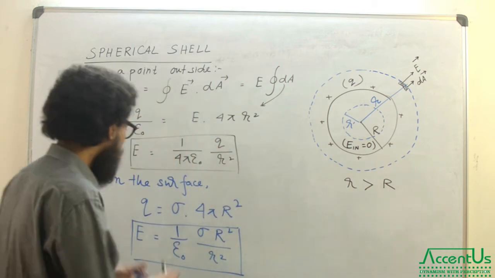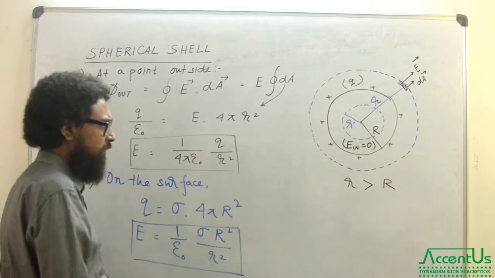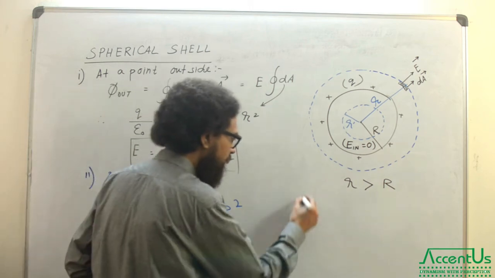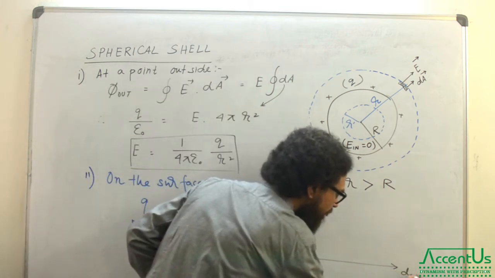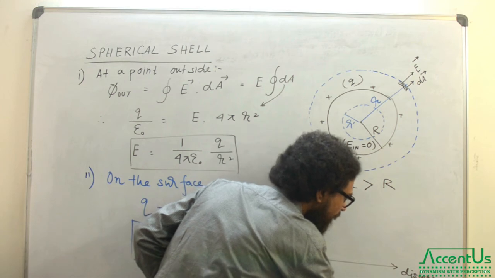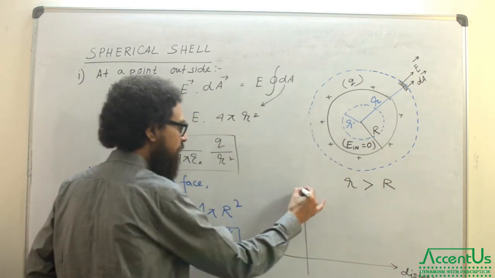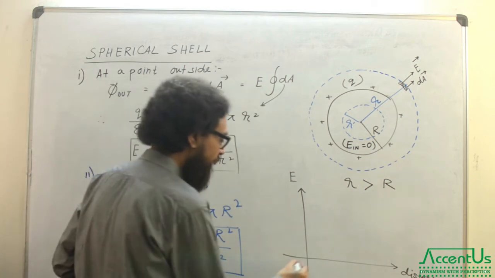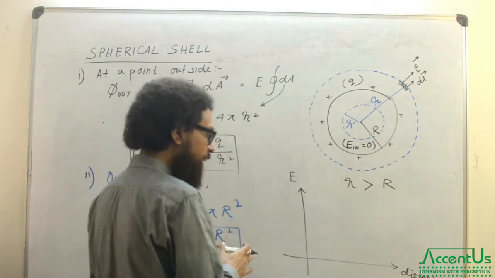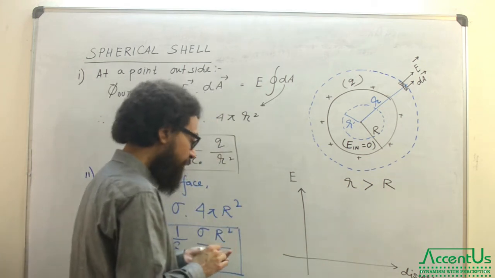Alright, so let us draw this result graphically. Let's say this is the distance and this is the electric field, from distance from the center, of course. We can say that inside it is 0. So let me draw the graph.